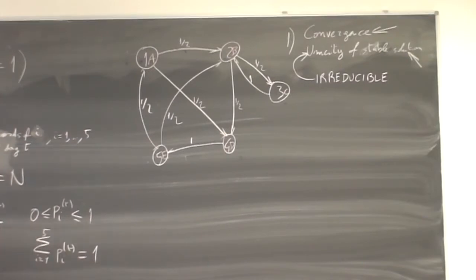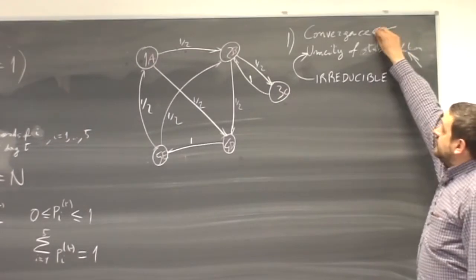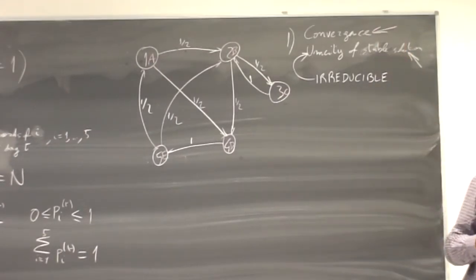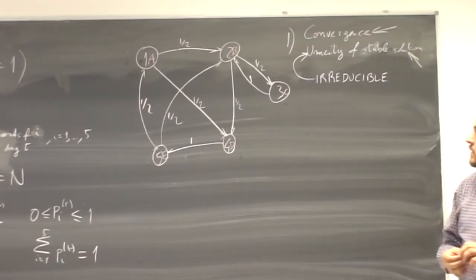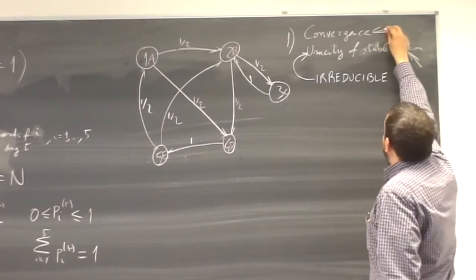Irreducible means that if the system can converge, then the asymptotic solution is unique. Convergence.